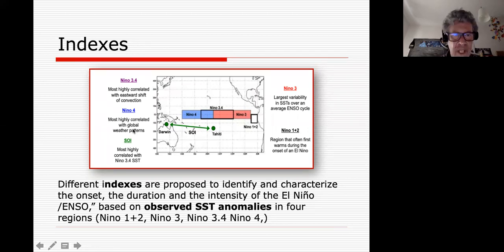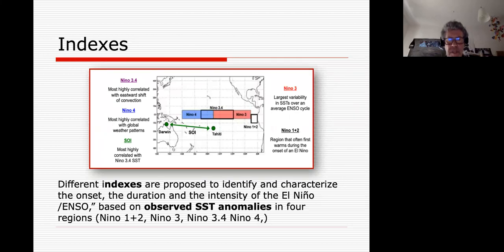Then you have Niño 4, where the temperature anomalies are most highly correlated with global weather patterns. So if you look at the effects on global weather, Niño 4 is your index. Another quite popular one is Niño 3.4.